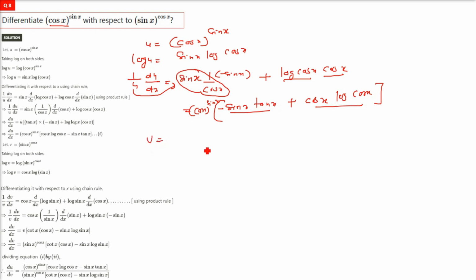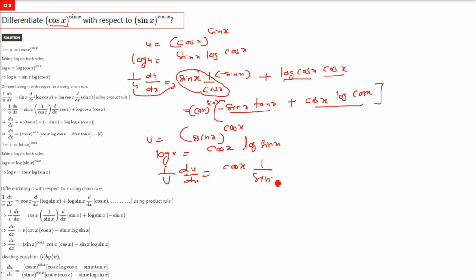Okay. So the next one is v equals sin x raised cos x. So log v will be equal to cos x log sin x. This is 1 by v dv by dx. And cos x log sin x will be 1 by sin x into cos x, plus log sin x into cos x differentiation, which will be minus sin x. So write it as minus sin x.